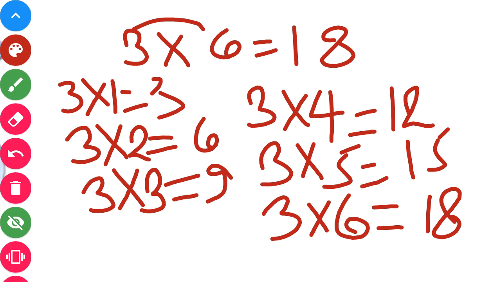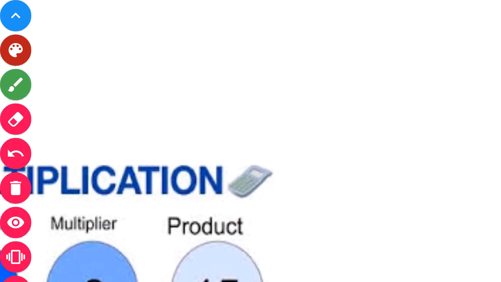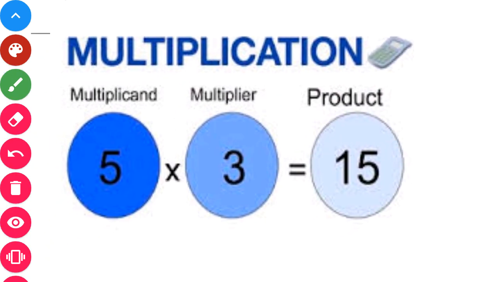Okay. Now let us understand the various terms that are associated with multiplication. See here. 3 terms have been used here. First is multiplicand, second is multiplier, and third one is product. Repeat after me. Multiplicand, multiplier, product.